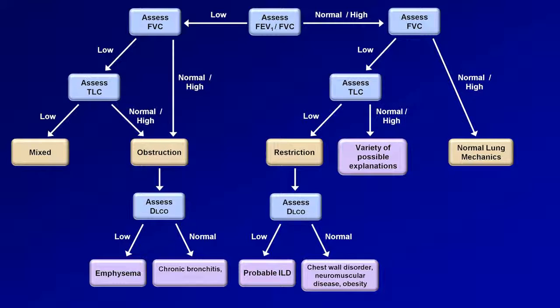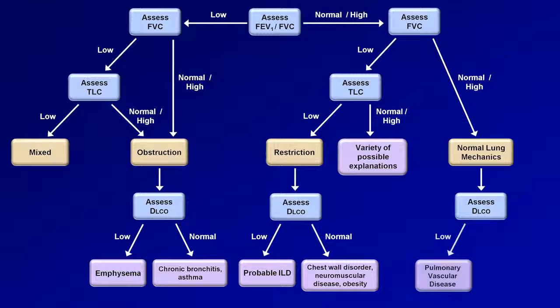In addition, patients with asthma also have a normal DLCO in most circumstances, but occasionally a high DLCO can be observed, as mentioned a few moments ago. Finally, among patients with normal lung mechanics, the DLCO can differentiate people with pulmonary vascular disease from people with completely normal PFTs.